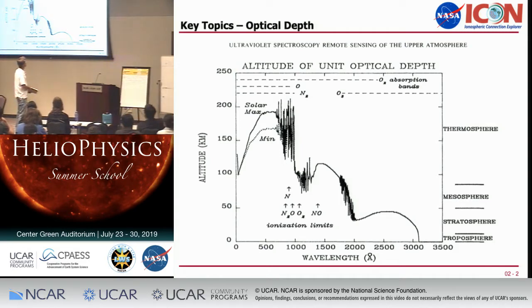So ozone is very important, and you see right away that you absorb a good deal of radiation between 300 and 200 nanometers in the stratosphere. On the side here is altitude, and the canonical ranges of the atmosphere are shown in this plot.